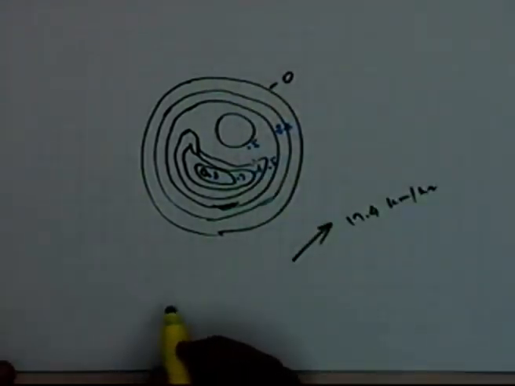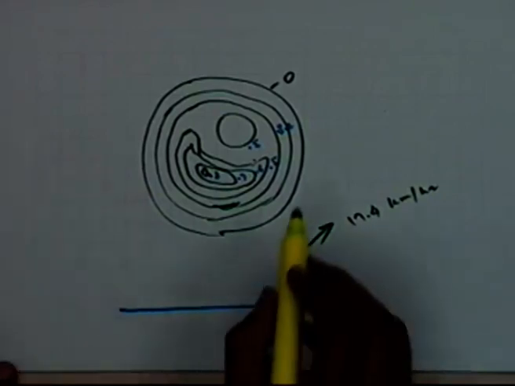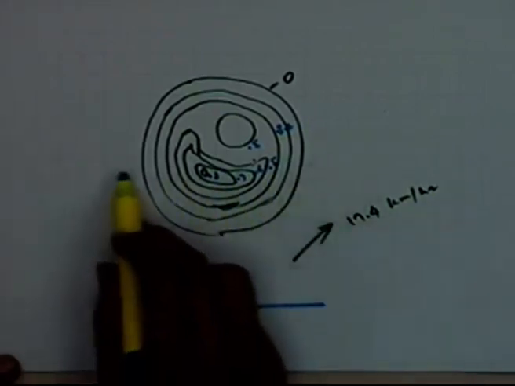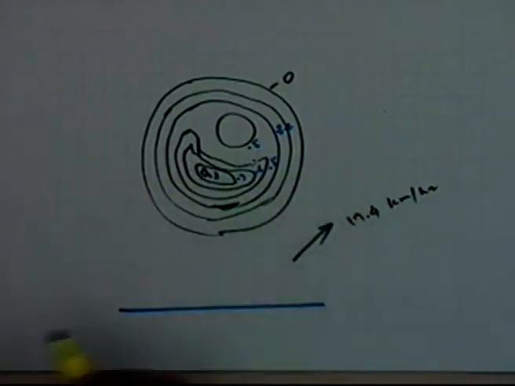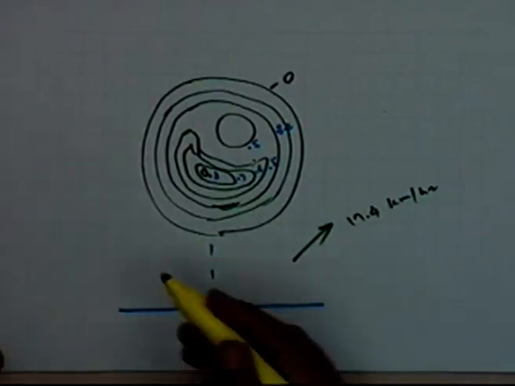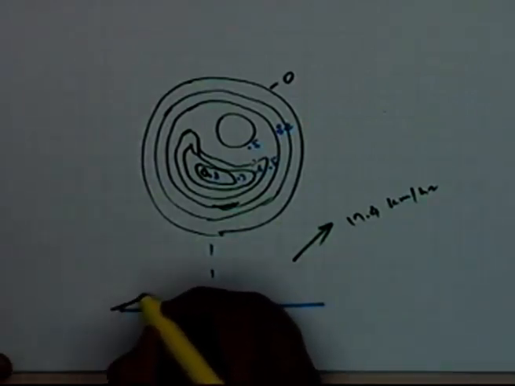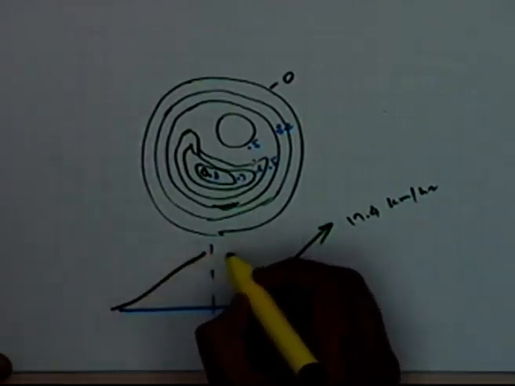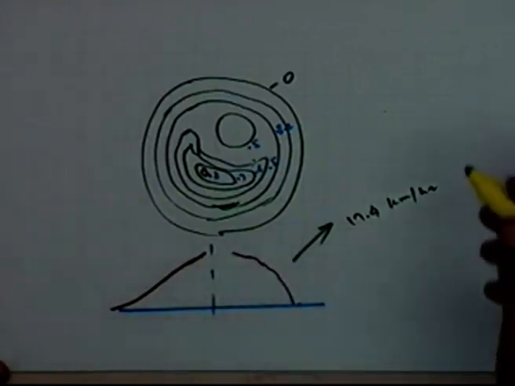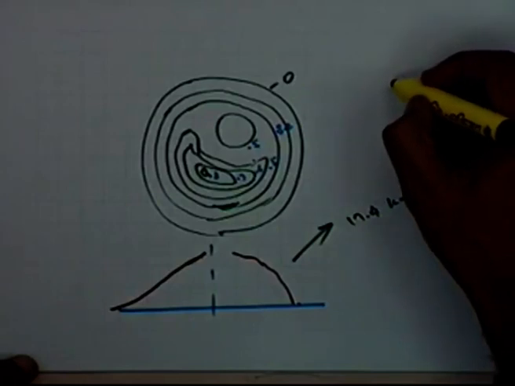So if we take the sections now, when I take a section in this direction, you will find that the distribution pattern will be somewhat of this nature, that you will have this, and then similarly on this side.